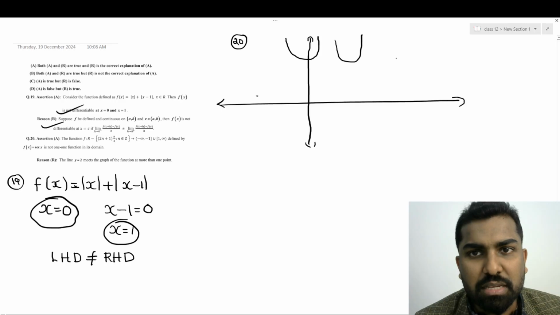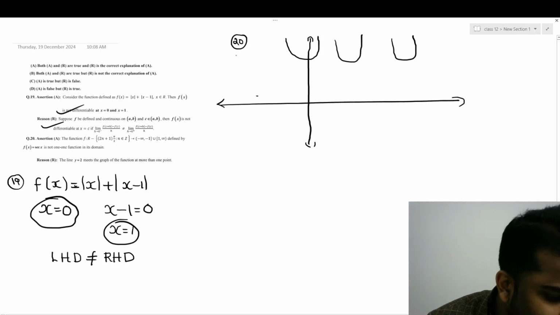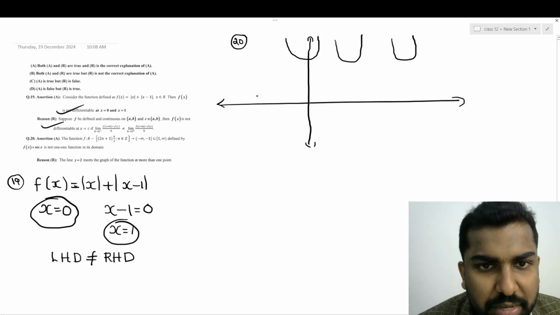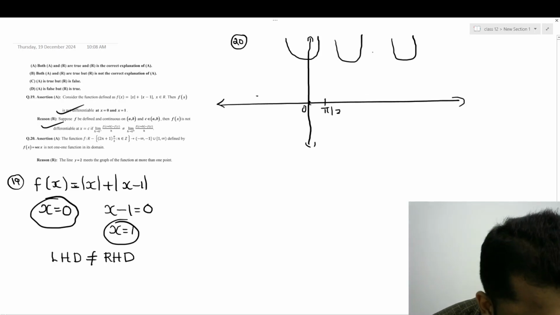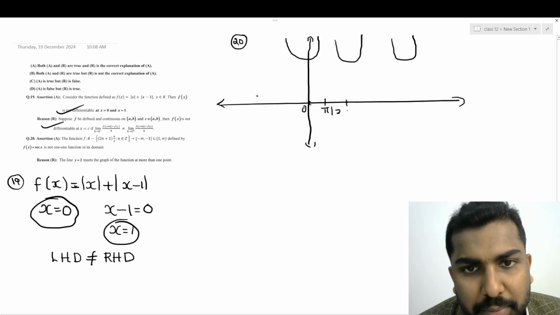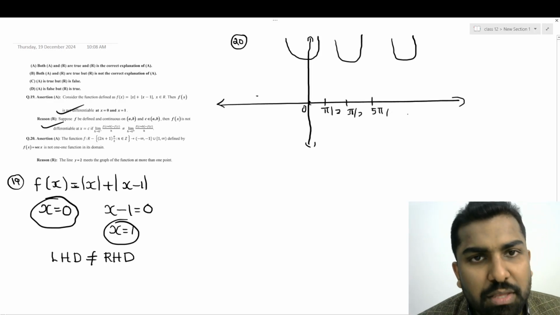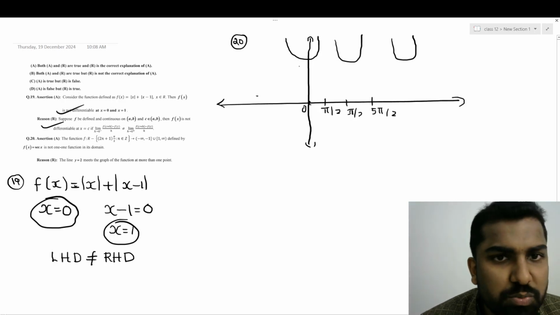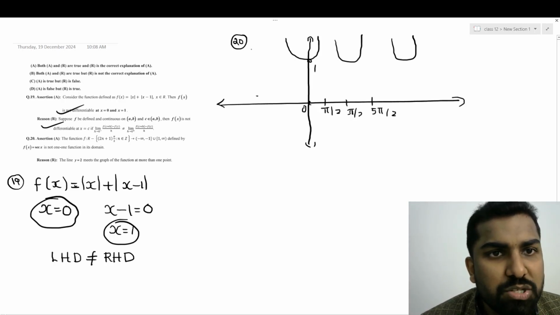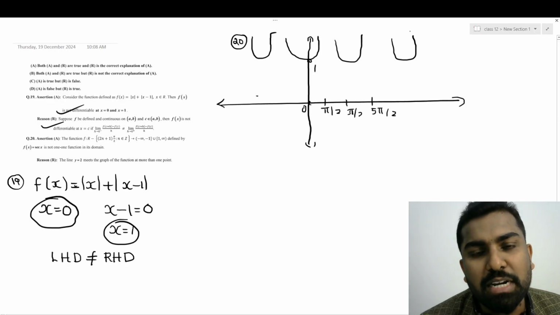Here I mark 0, here pi by 2, then the odd multiples will come: 3 pi by 2 and 5 pi by 2, etc. This value we know will be equal to 1.